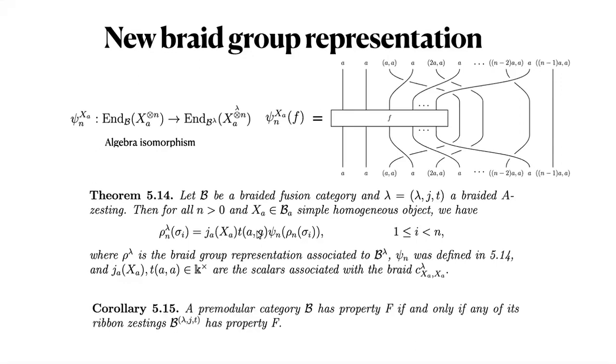So, for example, if a premodular category has property F, that means that the image of the braid group is finite. Again, every possible zesting will have property F.